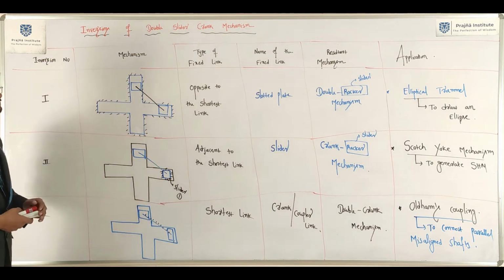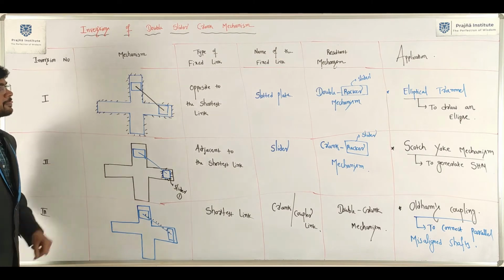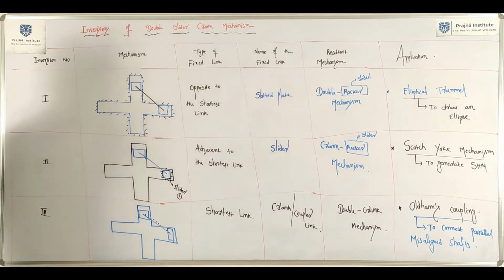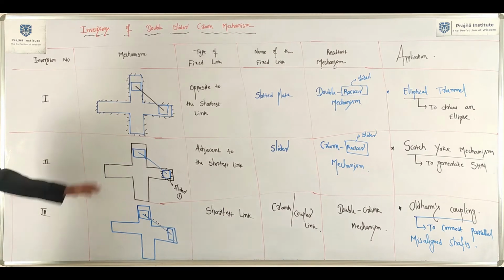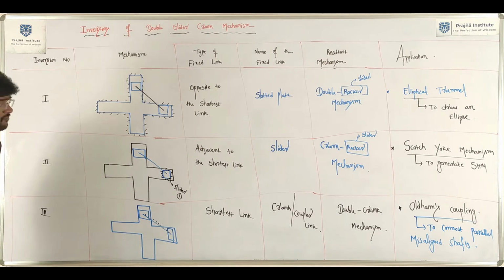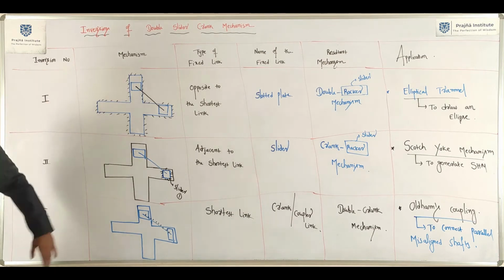Write down up to here. These are the things. Write down the table: inversion number 1, 2, 3; application, resultant mechanism, name of the fixed link, type of fixed link. So this is the mechanism. First, today inversion number 1.